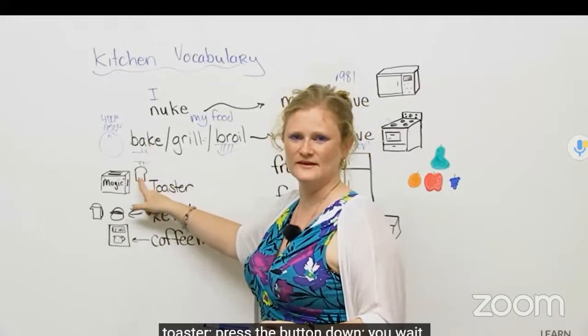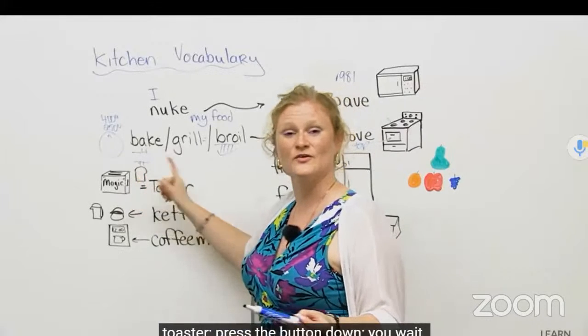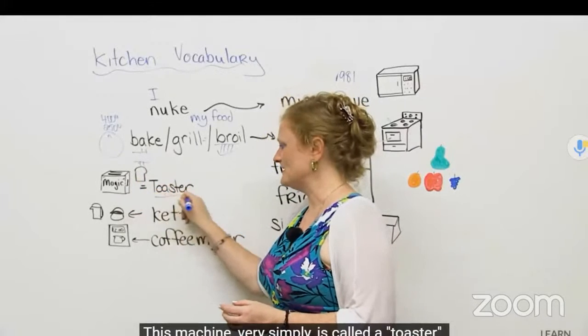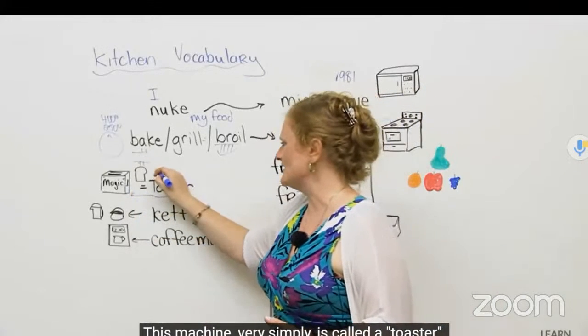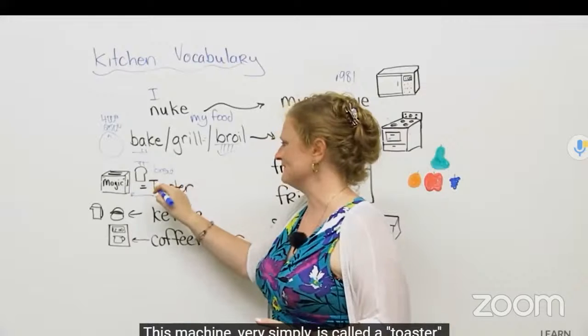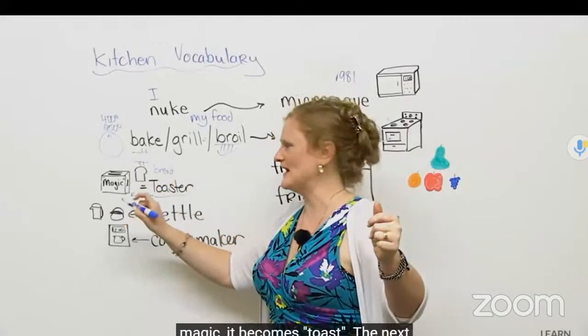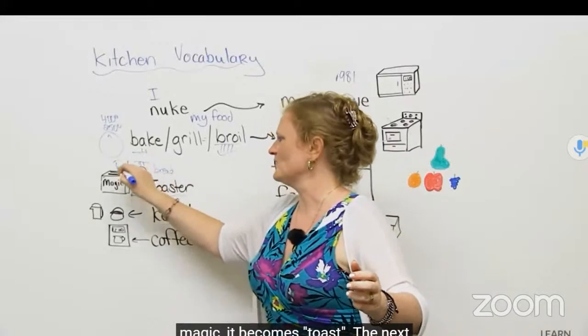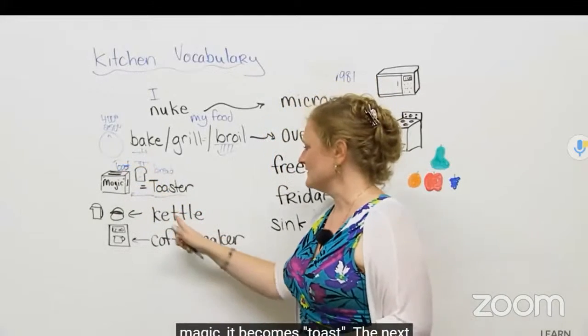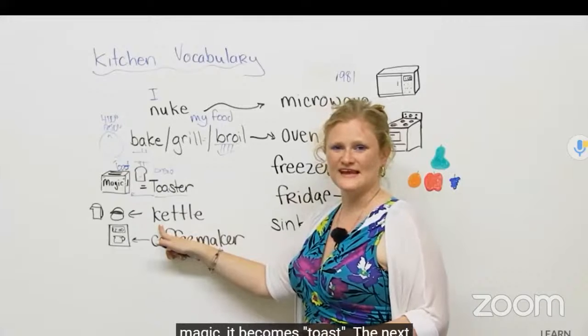Out comes lovely, warm, crusty toast. This machine, very simply, it's called a toaster. So you put bread into the toaster, like magic, it becomes toast.